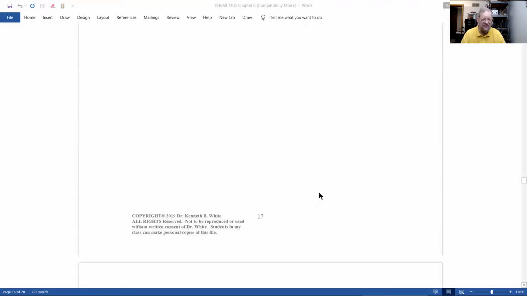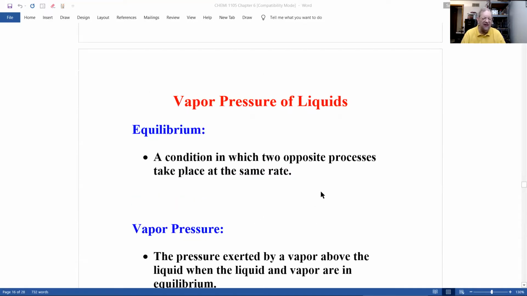But anyways, that's vapor. Now there's something called equilibrium. That's the condition in which 2 opposite processes take place at the same time. If you were standing up and took 1 step forward, and right after that, took 1 step back, and kept on doing that, as a chemist, I'd say, oh, you're in equilibrium.